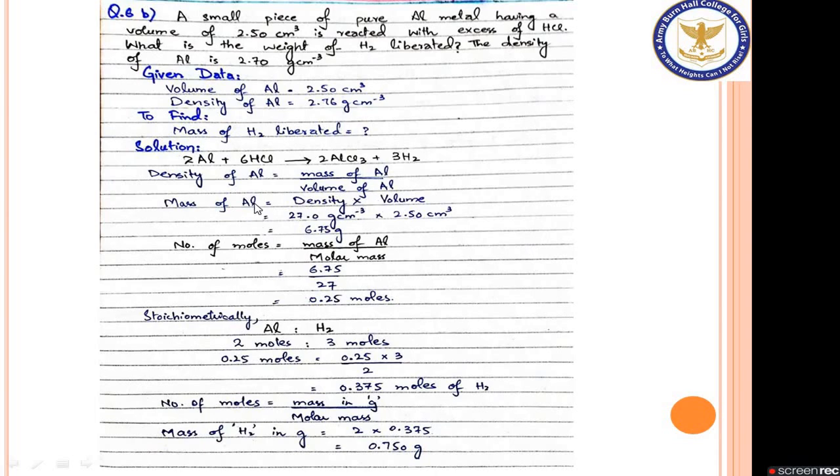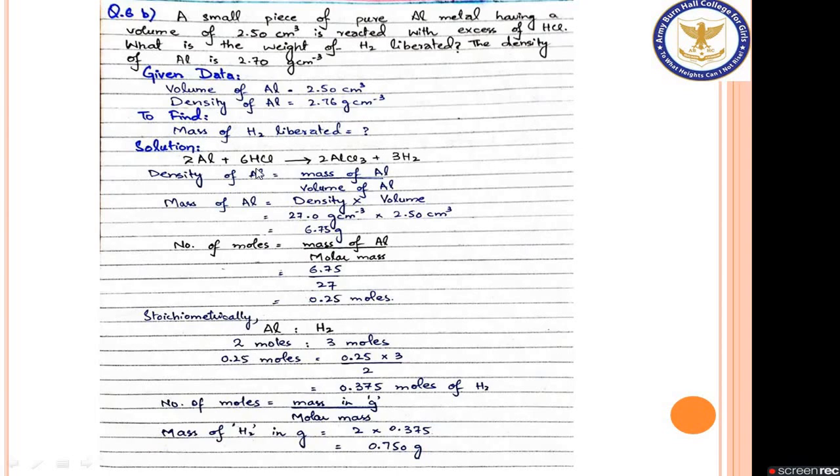In this way the mass of aluminium is equal to 6.75 grams. Now we have to convert this gram of aluminium into number of moles with the help of the same formula. So the number of moles of aluminium we get is equal to 0.25 moles.